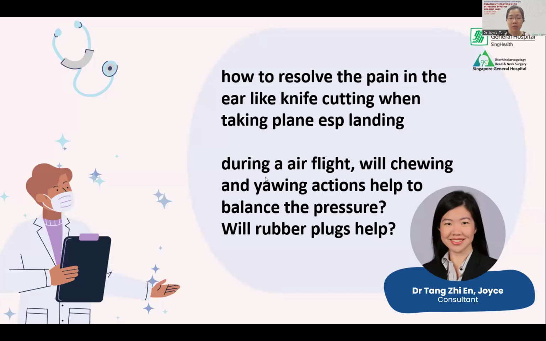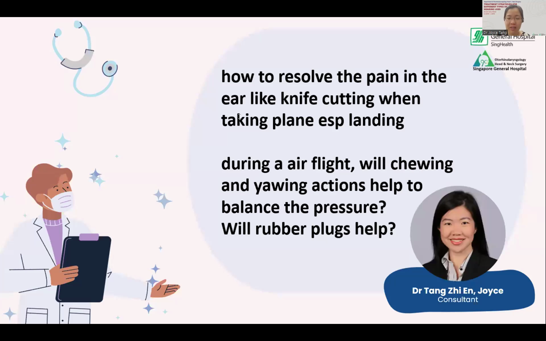Or if you have a flu going on, especially before your trip, I highly advise taking some flu medications, or you can even purchase some decongestant nose drops from the pharmacy. It's usually over the counter. Those medications are suitable for use for a short duration of 2 to 3 days, and they should help you prevent this pain when you are taking the flight.